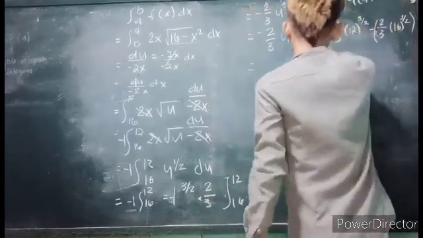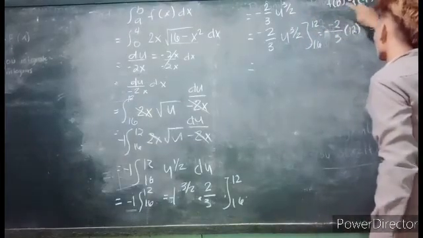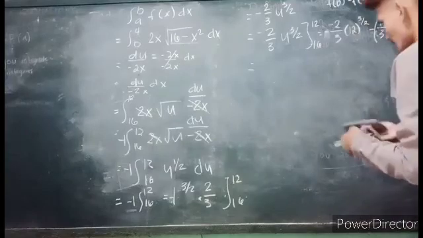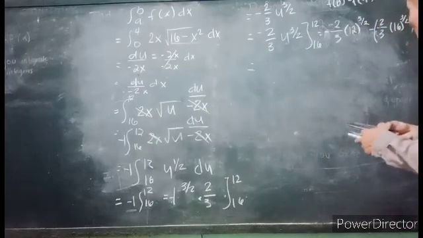So we need to solve our negative 2/3 times 12 over 3 halves.